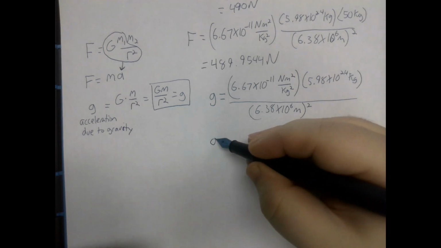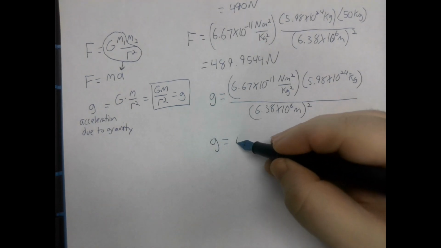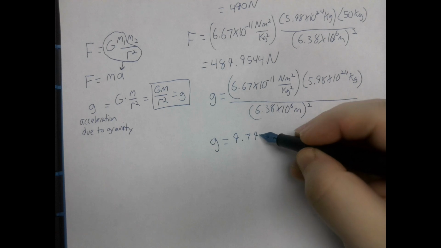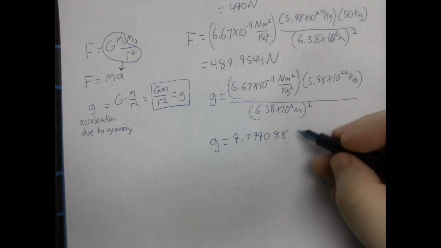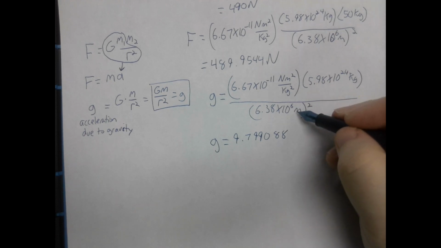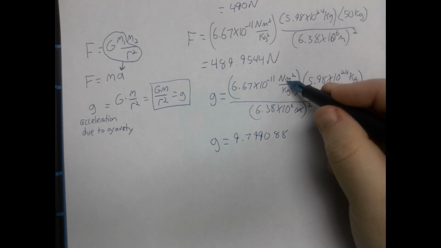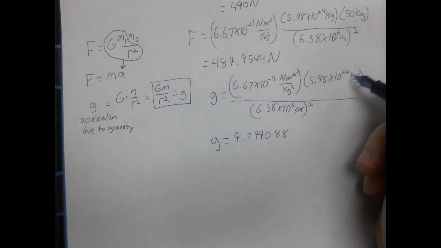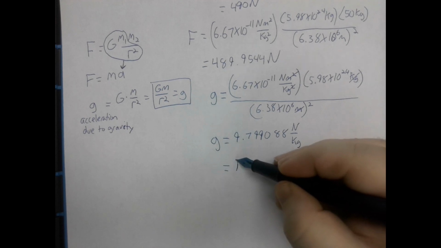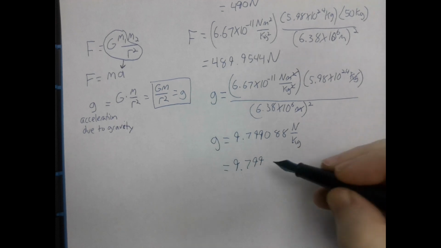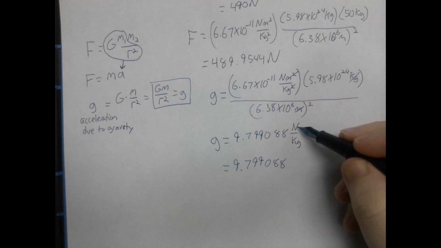And so we get g is equal to 9.799088. And so meters cancel out with meter squared, kilogram cancels out with the square here, so we get newton per kilogram, which is the same thing as 9.799088.